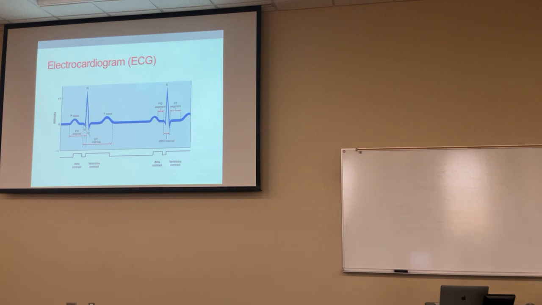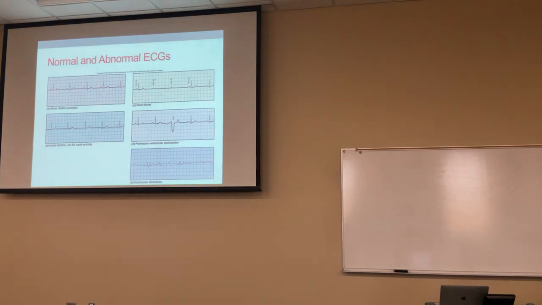And then the T wave means that the ventricles are repolarizing, so it's ready for another cardiac cycle again. So that's what you should see on a normal electrocardiogram. That's what you see here in this recording on the upper left. That's a normal, what's called a sinus rhythm.